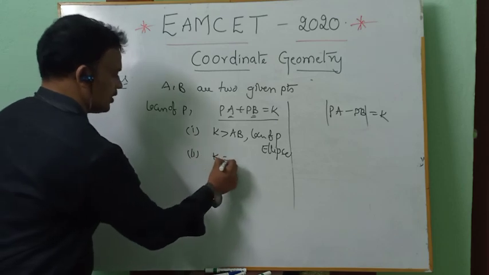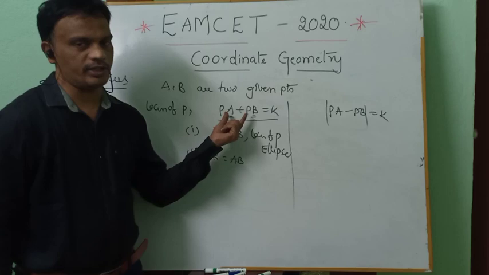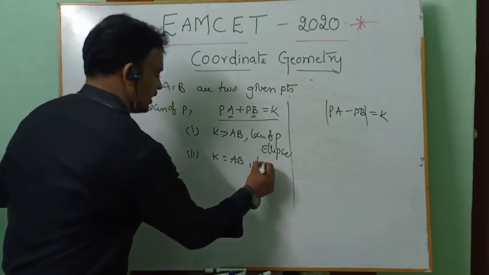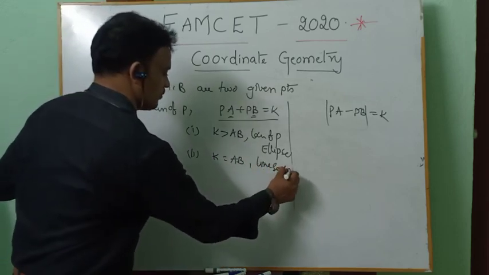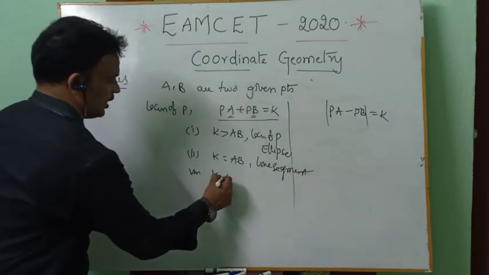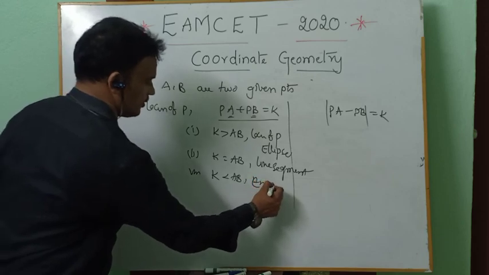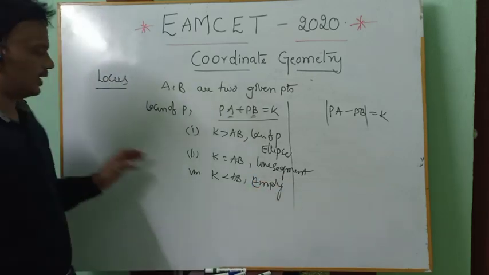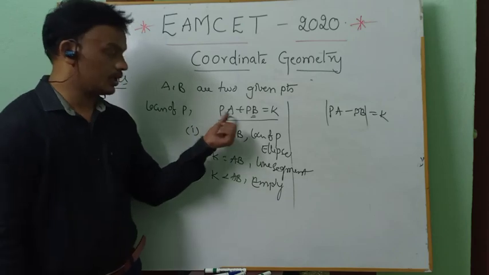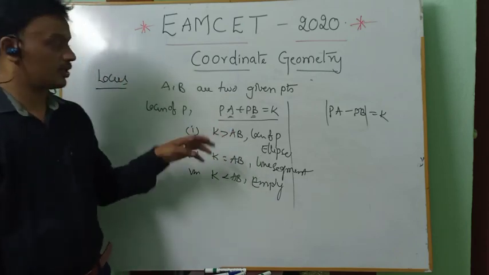If K is equal to AB, where the constant K is the distance between the two points, then we get a line segment. The third case is K less than AB. It is an empty set. I am explaining only the locations, not the equations. I will explain the equations also.